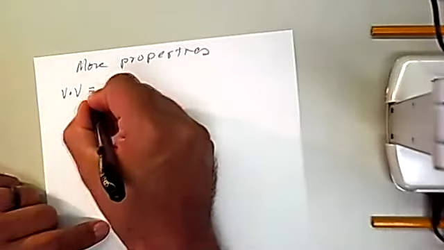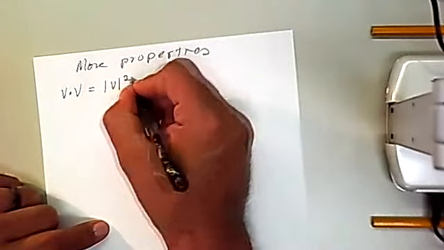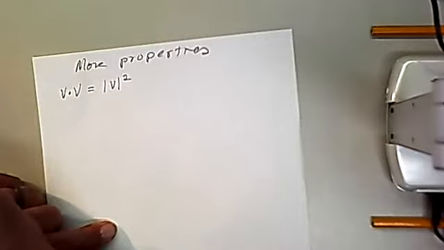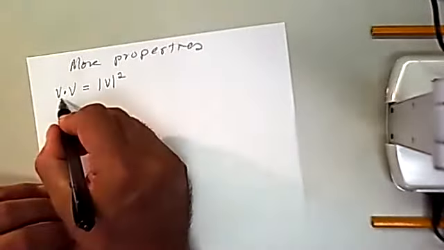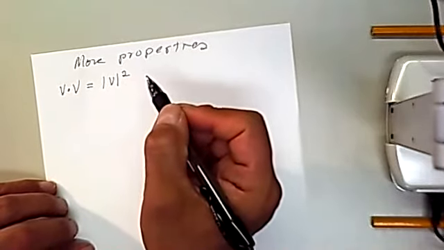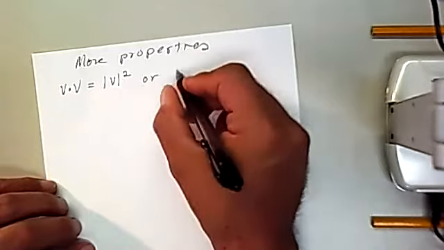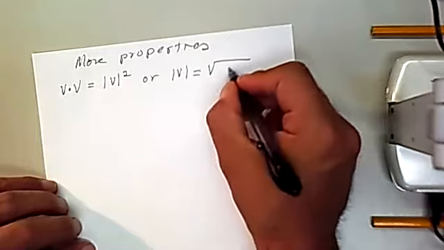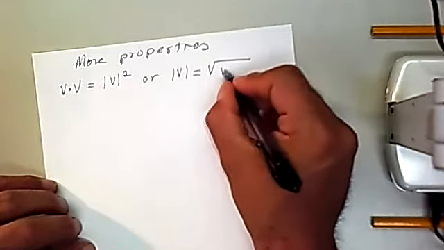And this turns out to be the magnitude of v squared. That is handy. We can exchange the dot product with the magnitude squared, and sometimes the magnitude squared with the dot product. And this is always going to be positive, so we could take the square root on both sides. Another way to say it is that the magnitude of v can be thought of as the positive square root of v dotted with v.